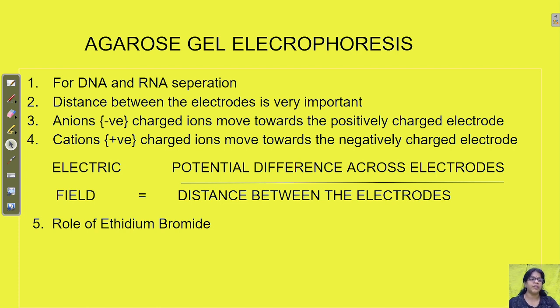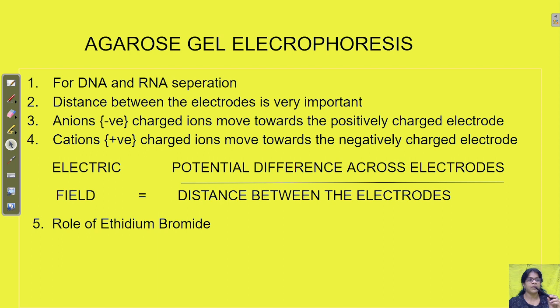For example, when the percentage of agarose in the gel is less, you look at the larger fragments of DNA separated. Generally, 0.7 to 1% agarose gels are used for DNA separation.